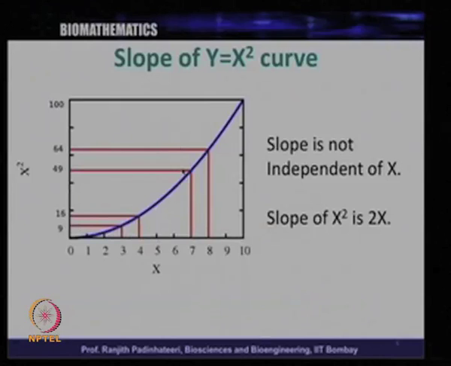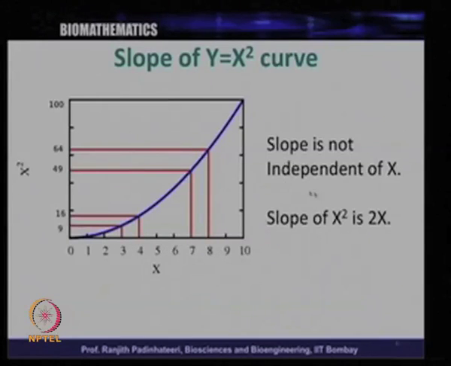What this means is that the slope changes as you go along the curve. So as you go along the x-axis, the slope of the quadratic function y equal to x square changes. In other words, the slope itself depends on the x value.